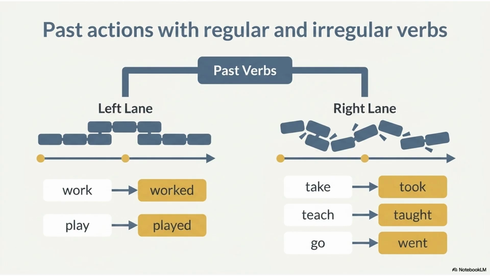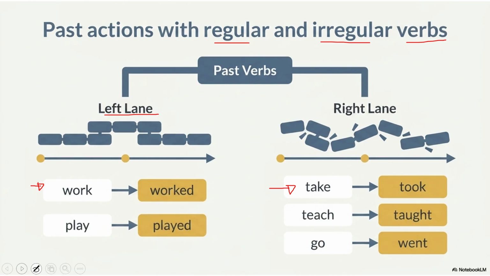Okay, so we also have past actions with regular and irregular verbs. You know about this because we studied all of these verbs during the whole intermediate English course. Here we have in the left lane regular verbs, and in the right lane we have irregular verbs. Work, worked, play, played, take, took, teach, taught, go, went.